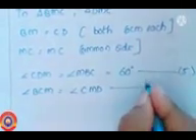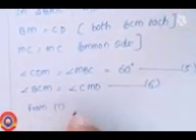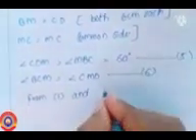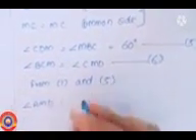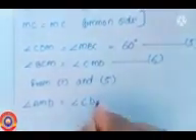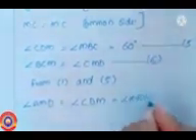Put equation number 6. From equation 1 and 5, we can say that angle AMD is equal to angle CDM, which is equal to angle MBC, which is equal to 60 degree.